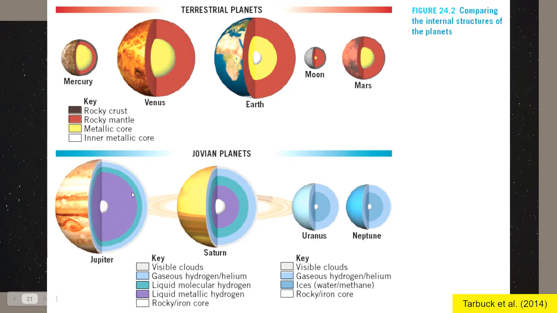Then they have liquid metallic hydrogen, liquid molecular hydrogen, then followed by thick layers of gaseous hydrogen and helium, and then the visible clouds after that. Okay, so that's the reason why they're called gas giants. They are mostly made up of liquid and gaseous layers.